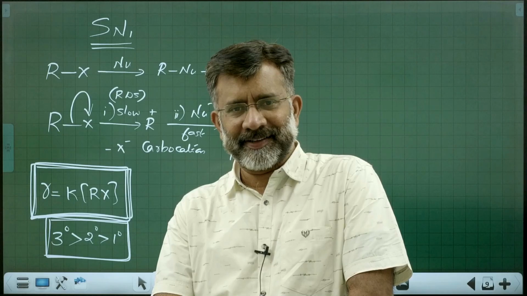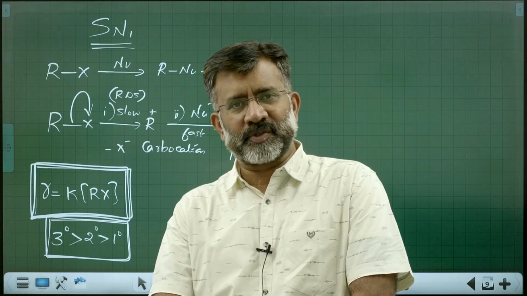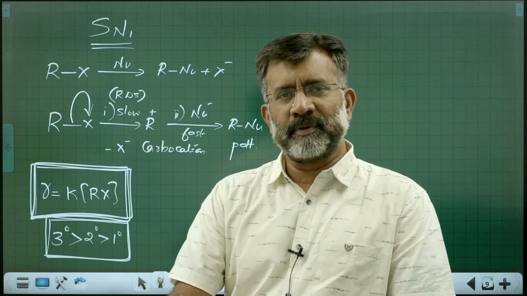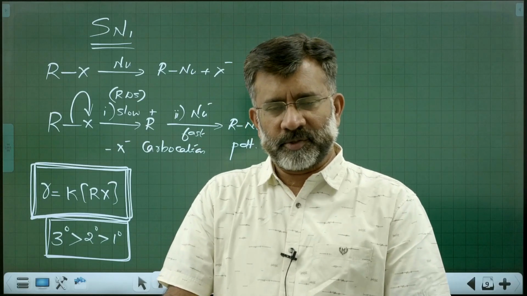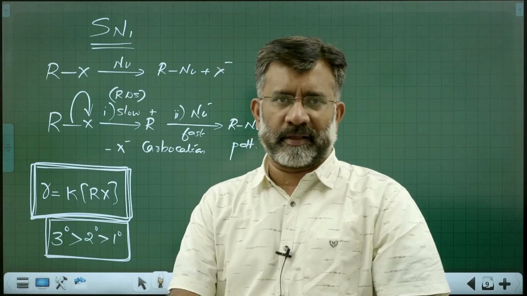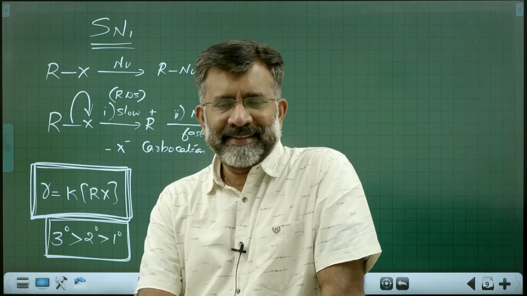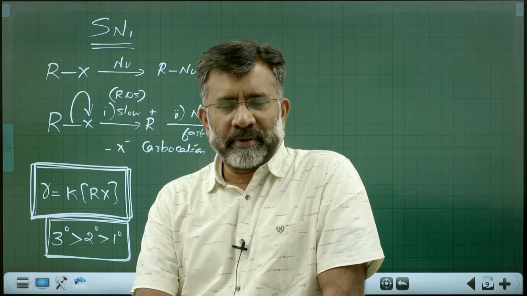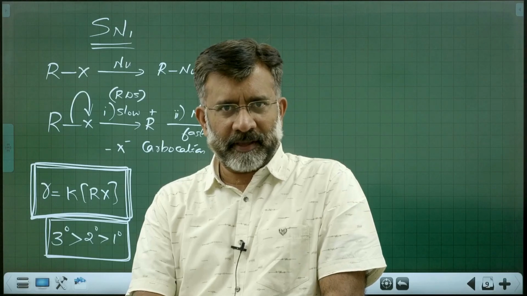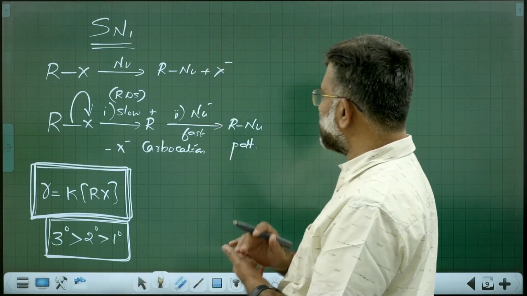Simple logic: tertiary carbocation is most stable, and SN1 mechanism proceeds by a carbocation intermediate. So the stability of the carbocation decides the chance of SN1 reaction. Tertiary carbocation, being highly stable, promotes SN1 mechanism. So that is regarding SN1 mechanism.